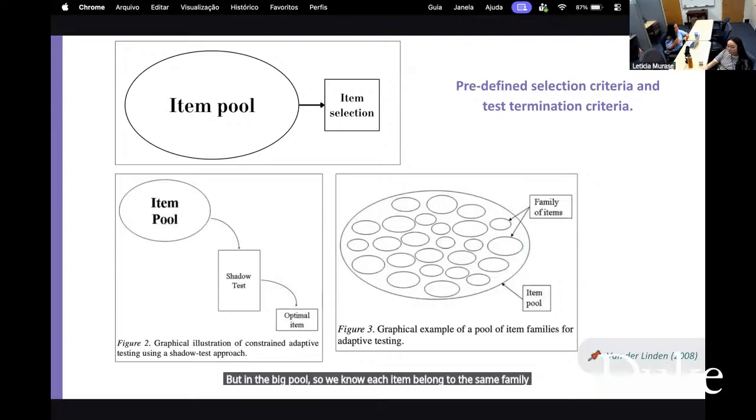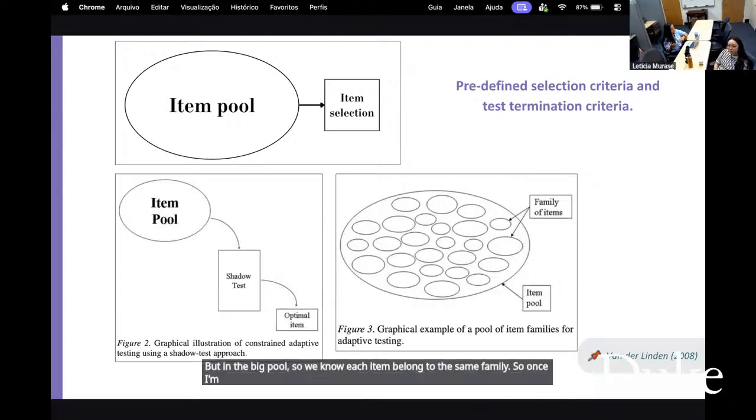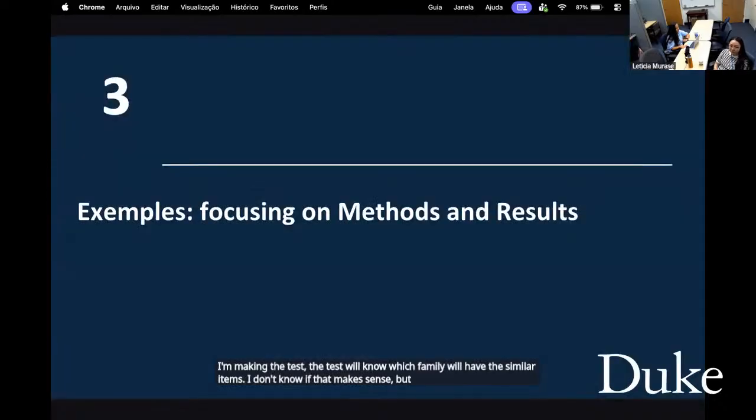So once I'm making the test, the test will know which family has similar items. I don't know if that makes sense, but more or less.